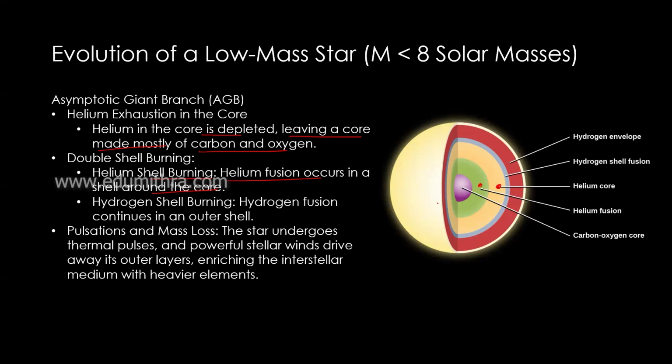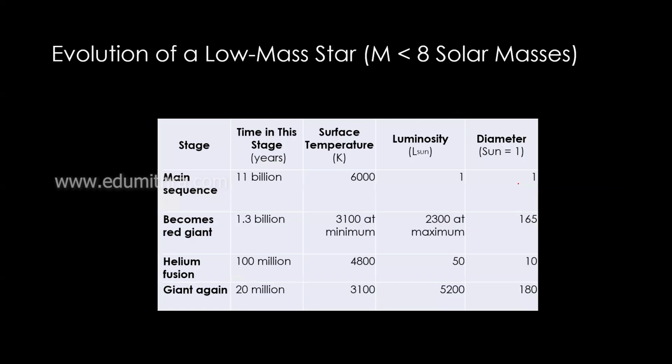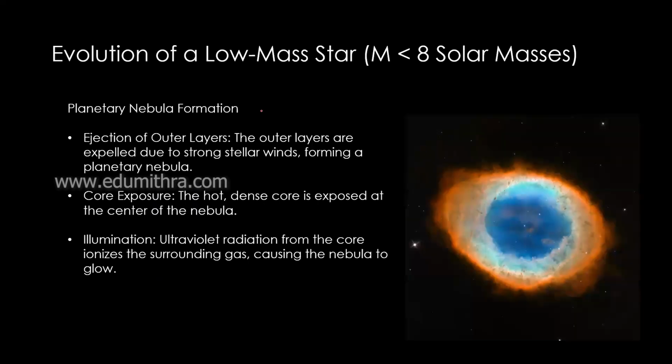In that stage, because of the high energy, because all these layers are burning, there will be a high stellar wind, and due to that stellar wind, the outer layers of the star, other than the core, will be expanded into space.